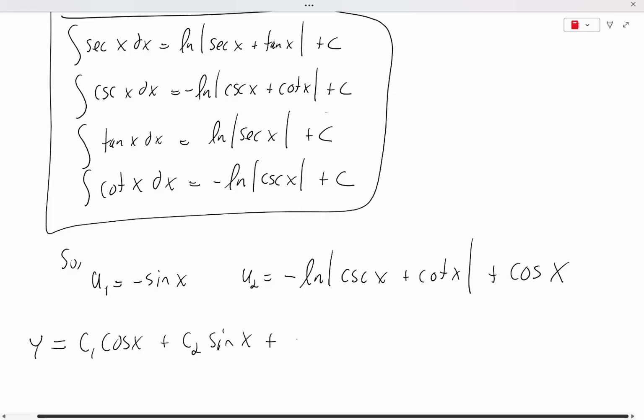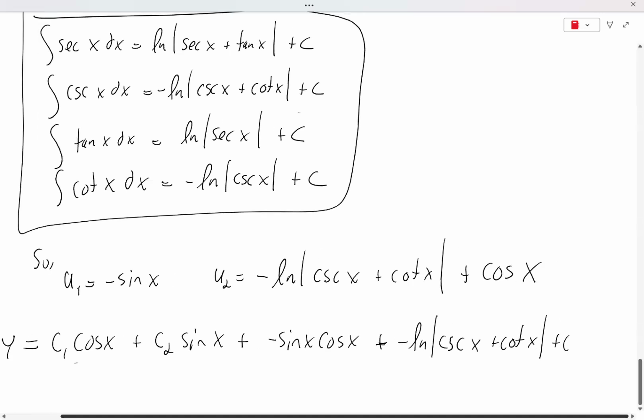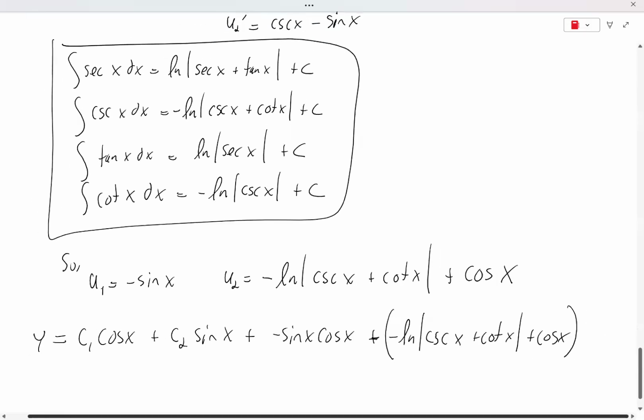That was a negative sine x times cosine x, that's the y sub 1 here again, plus this awful thing, negative natural log, plus cosine x times sine x.